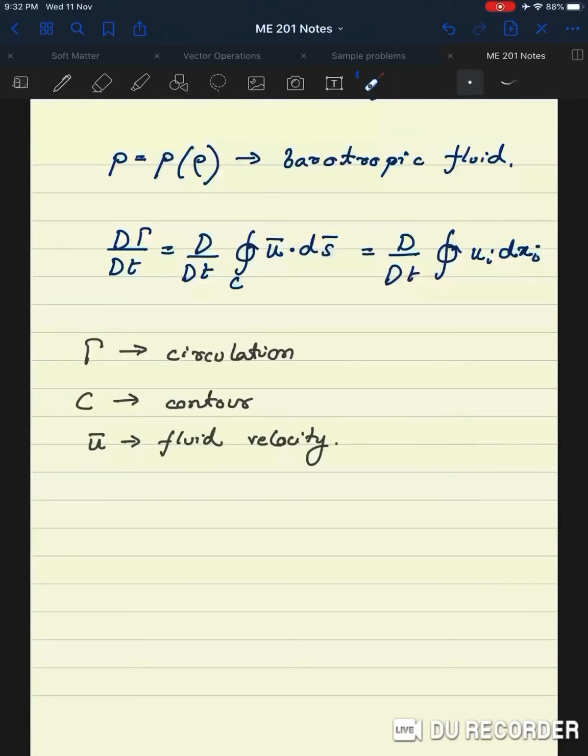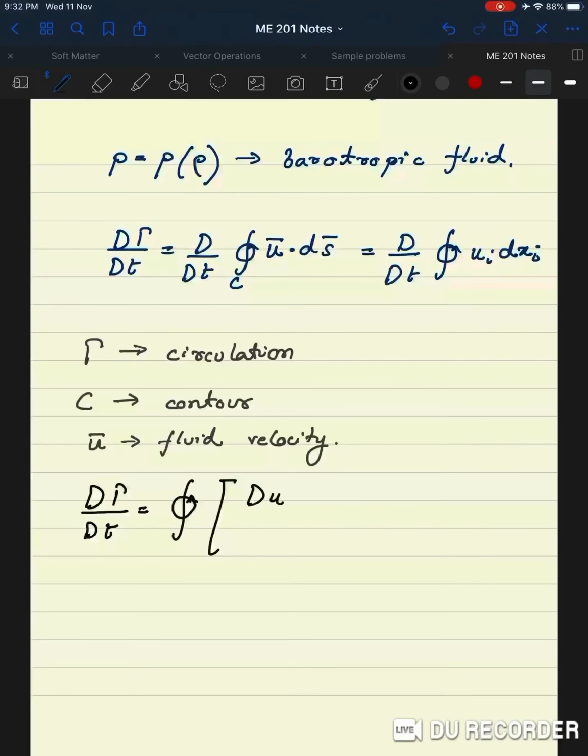So my dΓ/dt equals, now I'll put this derivative inside.